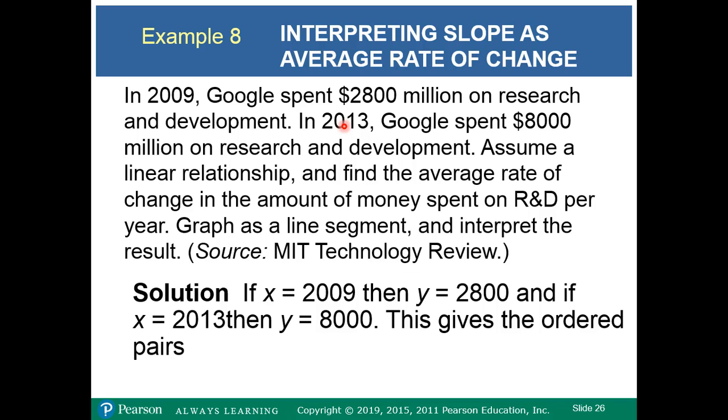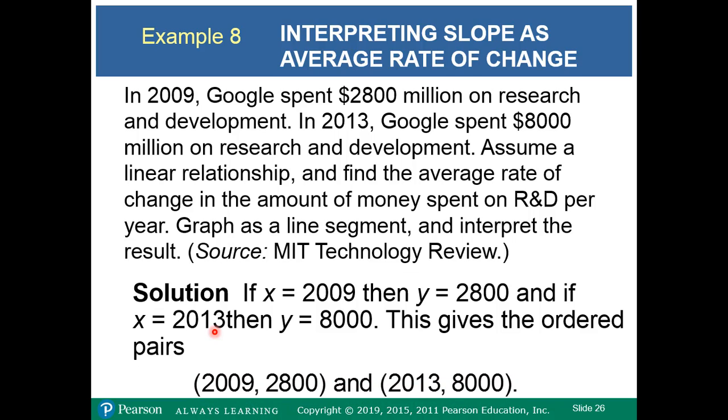So let's just use our slope formula. Here's x and y for the first year, and x and y for that second year, so 2009 versus 2013.